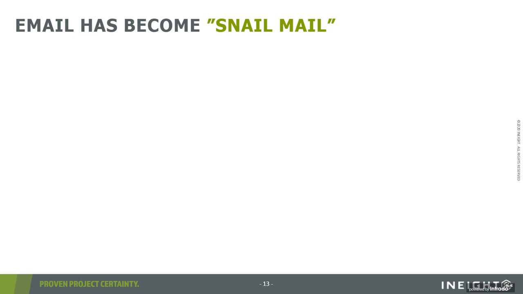They were slow, they took days to get there. But I would argue that if you look at your day-to-day operation now, email has almost become the new snail mail. Just think about how you may respond to a text message versus an email.